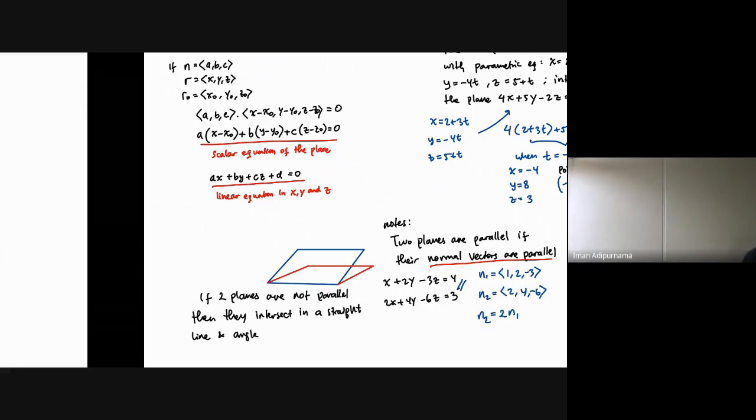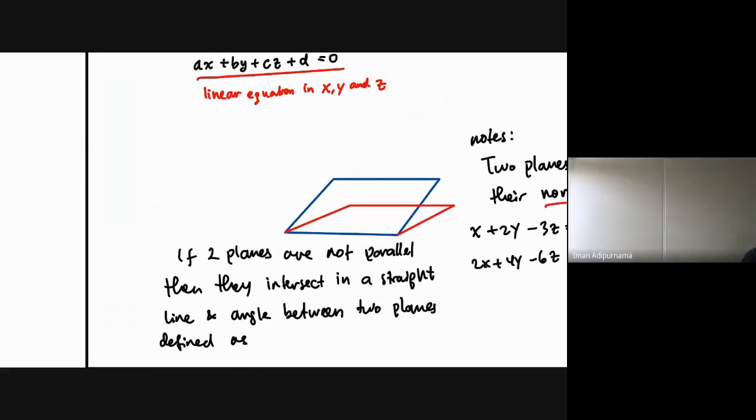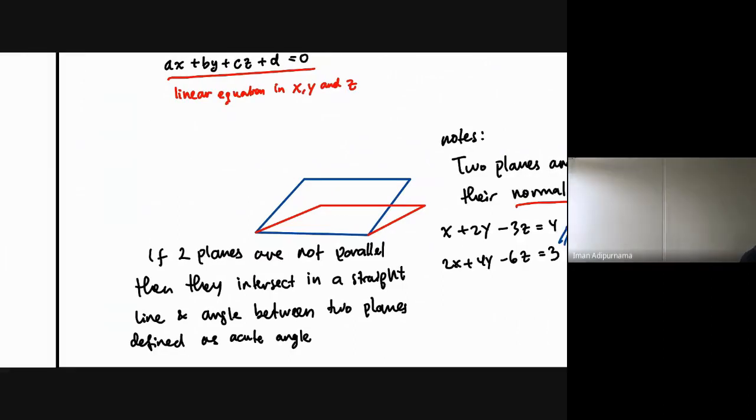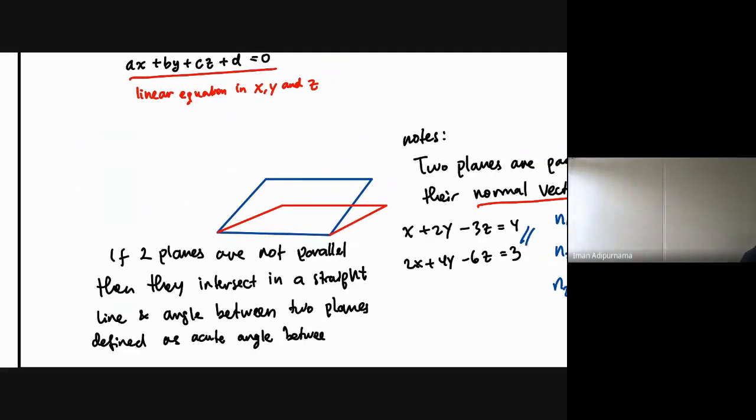The angle between two planes is defined as the acute angle between their normal vectors.